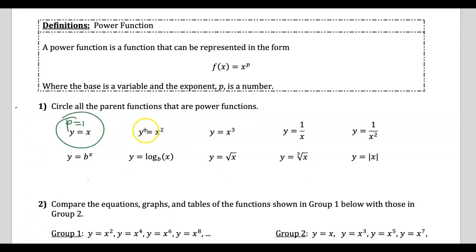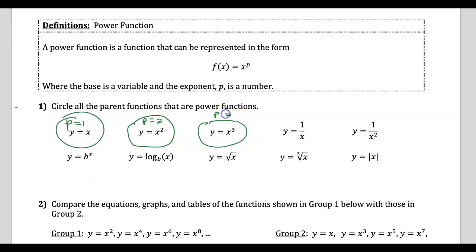So y equals x is a power function. Here, y equals x to the second power. That's p equals 2, a power function. y equals x cubed, that's p equals 3, a power function. So the first three are all power functions, clearly.